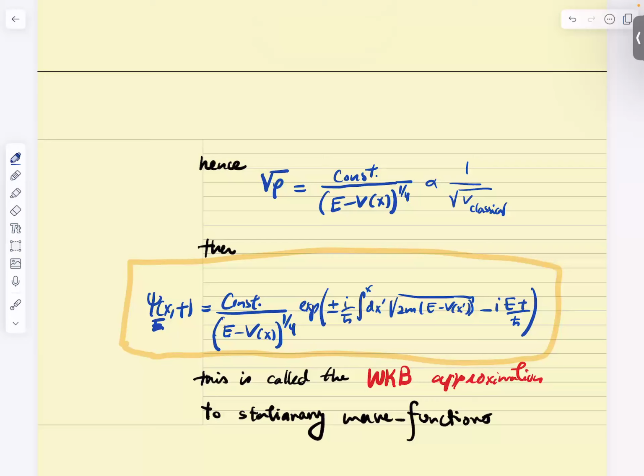If I can find a solution for any E, that means that there's an energy eigenket for any E. That means that there's a continuous spectrum for the Hamiltonian operator. If I plug it in and I find solutions only for particular values of E, that means that there's some quantization happening. That was a very good question.